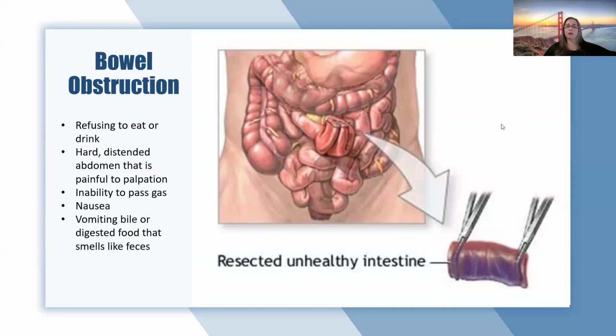So what happens though is this part of the bowel stops moving anything through at all. And so fecal matter and liquid, all of that builds up on the other side. And it causes pressure. And that pressure can cause necrosis of the tissue, necrosis meaning the cells of the tissue actually die.